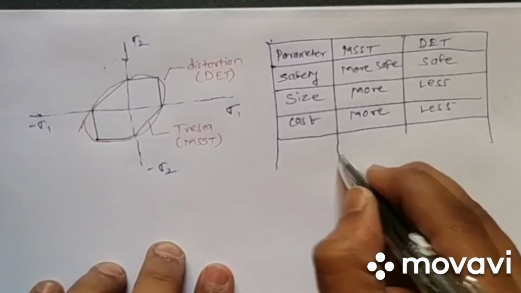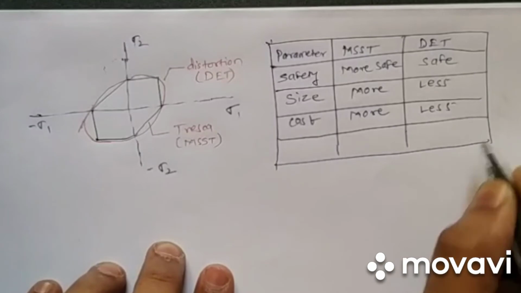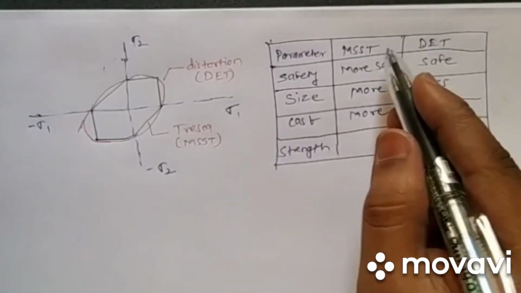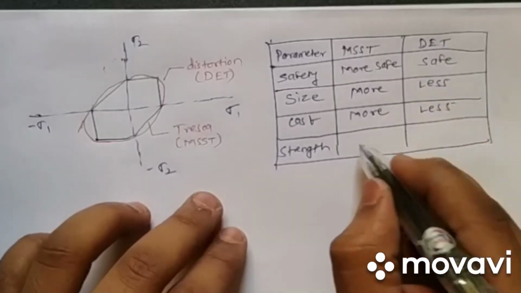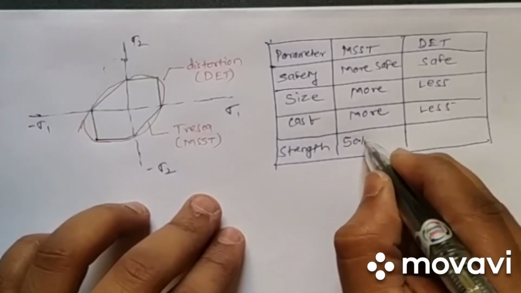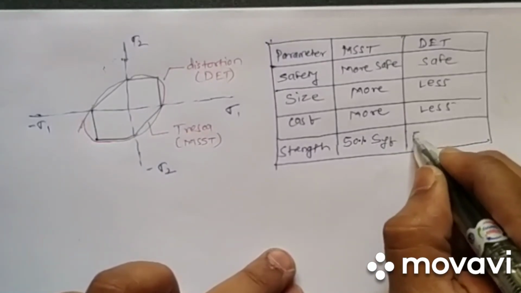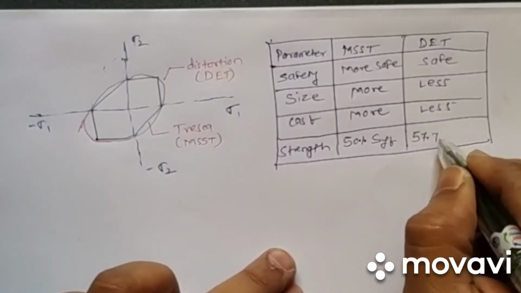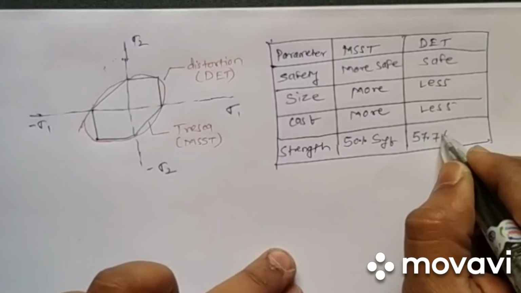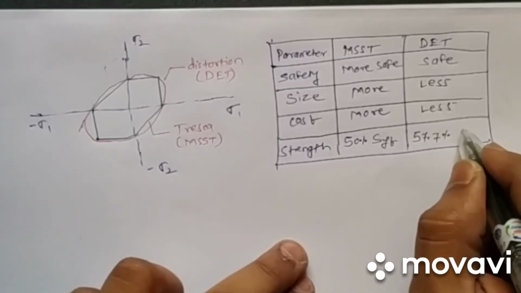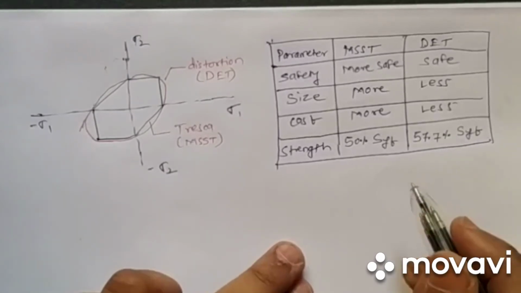And one important point is strength. Here we consider the shear stress as 50% of the yield strength, and here we consider 57.7% of the yield strength.